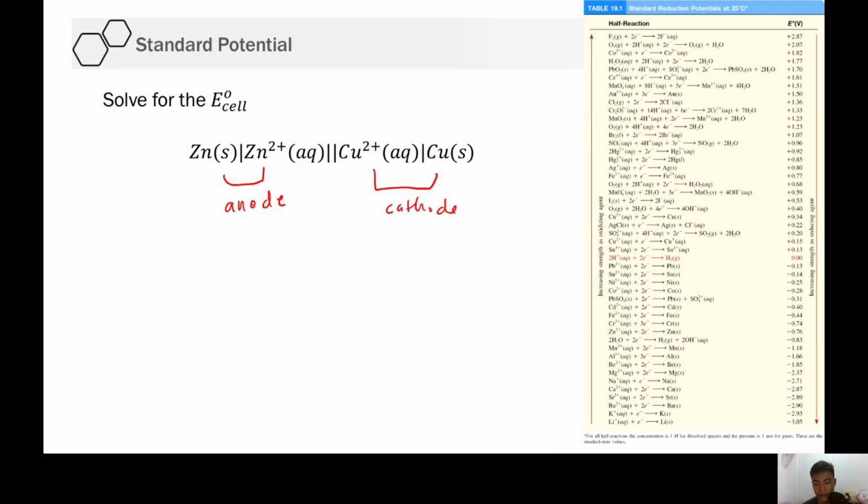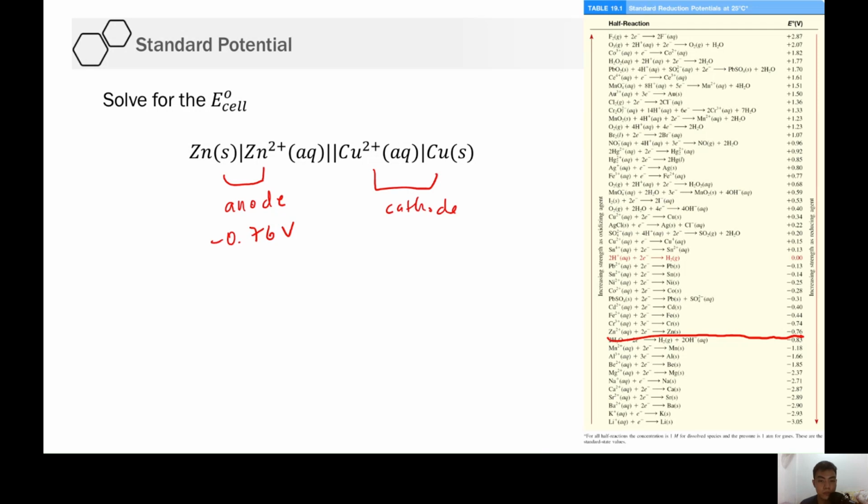To solve for their cell potential, we look first for the potential of the anode and the cathode. For this part of the reaction, just look for the species on this table that contains zinc and zinc 2 plus, which is this one. It has a potential of 0.76 volts.